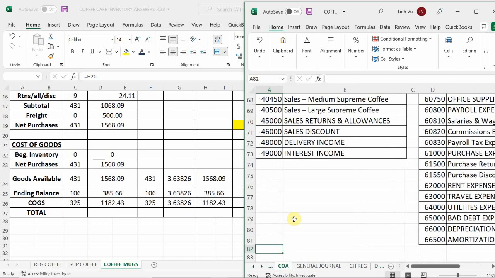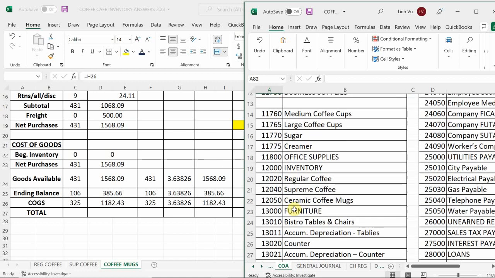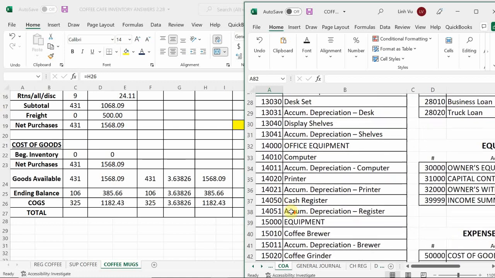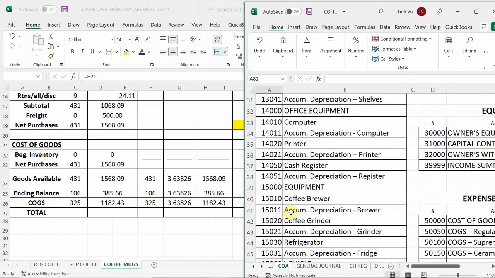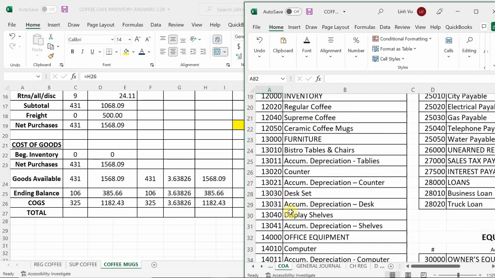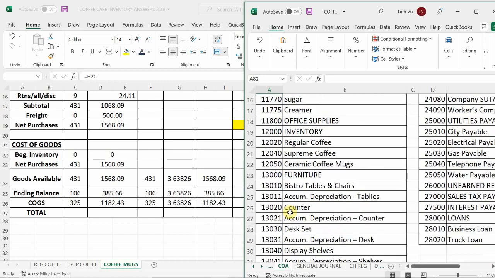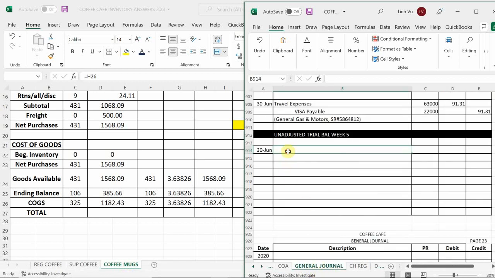So we're going to double confirm what that inventory item is. Inventory, our ceramic coffee mugs, is account number 1250. Now, you could use inventory, but that's the main account.